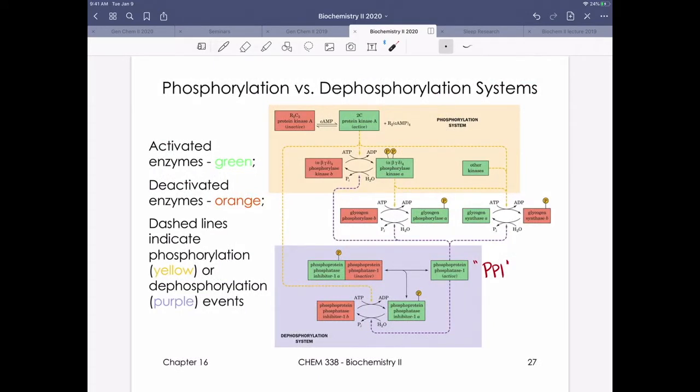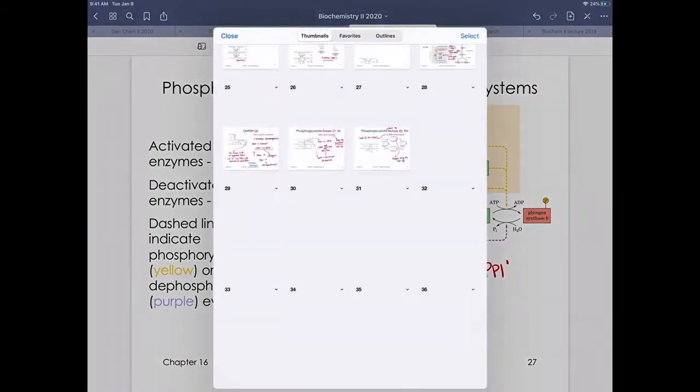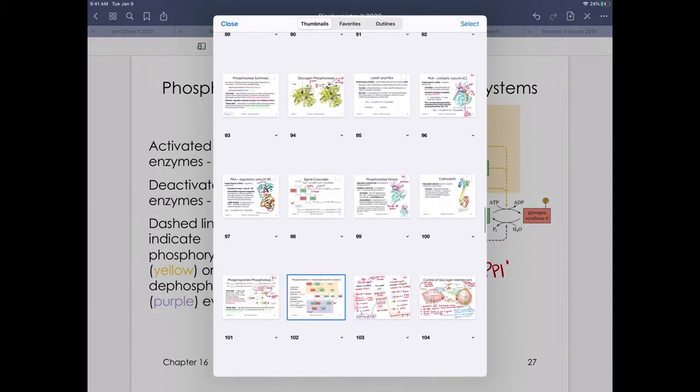This slide highlights some different aspects of how we put ourselves into either a phospho or a diphospho state, specifically thinking about glycogen breakdown here. To start out, we're going to do a little bit of structural review. I have some details here that you can go back and look at if you want.